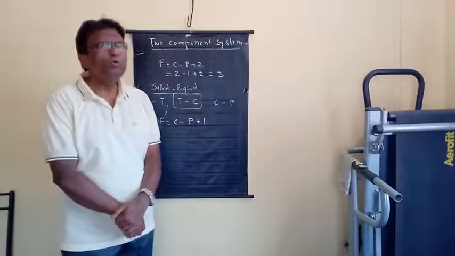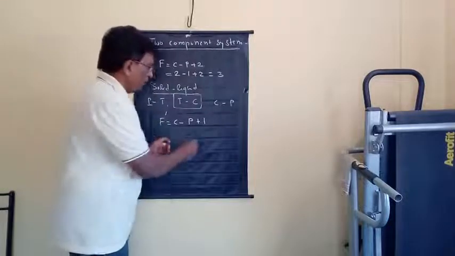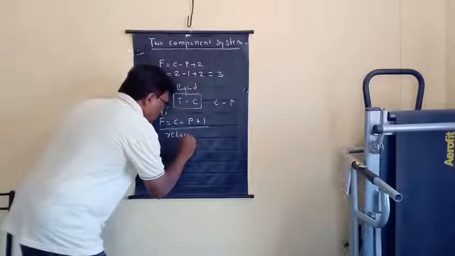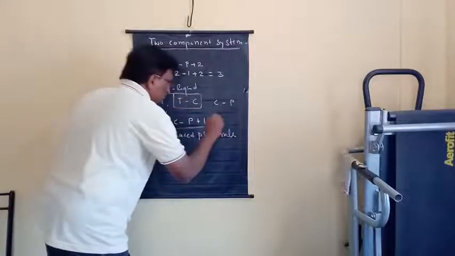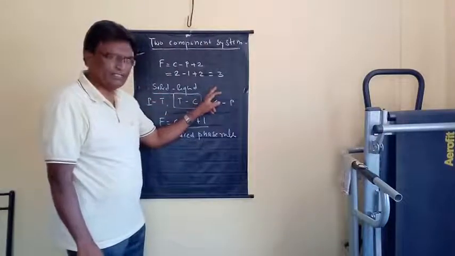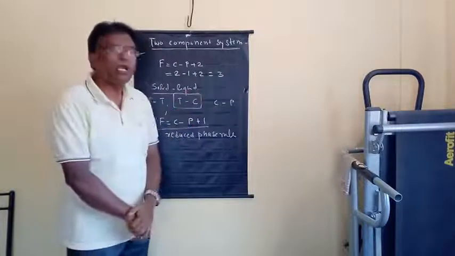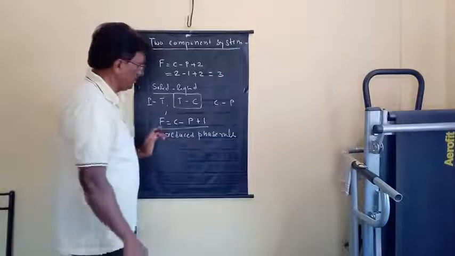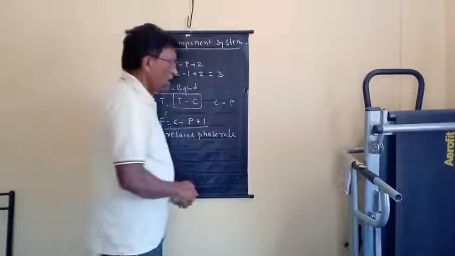That means the two component system can be studied conveniently with the help of this reduced phase rule. As the vapor phase is condensed, this system is called a condensed system, and that can be studied conveniently by using the reduced phase rule.